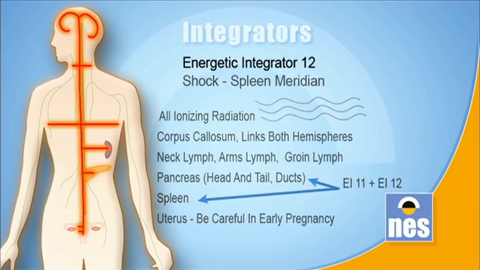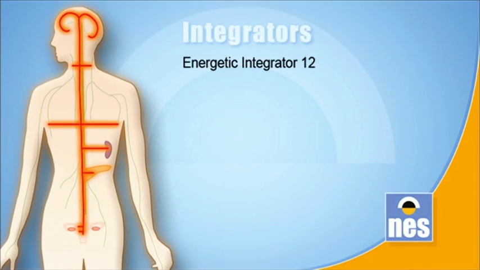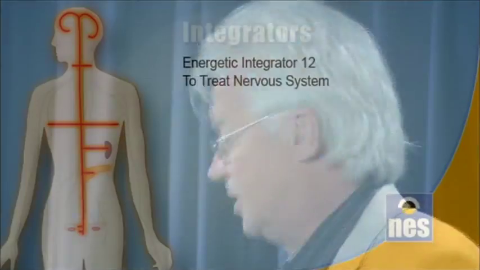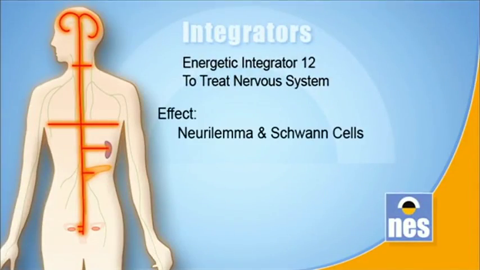Now we've got a really interesting one for people who want to treat the nervous system. And you've treated nerve driver and you've treated energetic star 3 and not a lot's happening, and you're trying to affect the neurolemma and the Schwann cells.